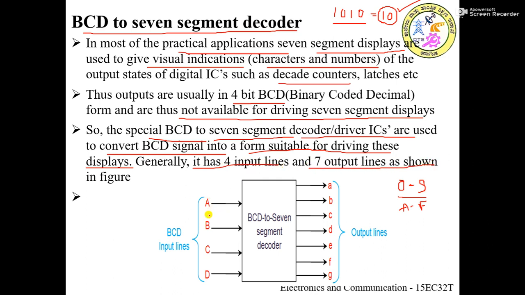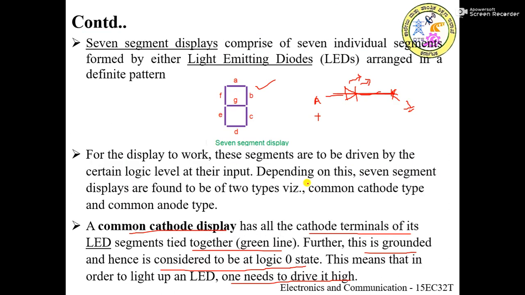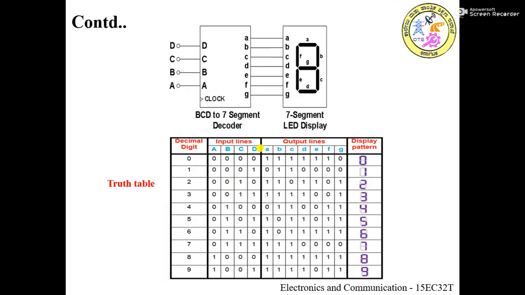You can see here this is a logic symbol for a 4:7 decoder, or BCD to 7 segment decoder, which will have 4 inputs A, B, C, D. And to drive a 7 segment display, I need 7 outputs, A, B, C, D, E, F, G. Okay, this is about the 7 segment display.